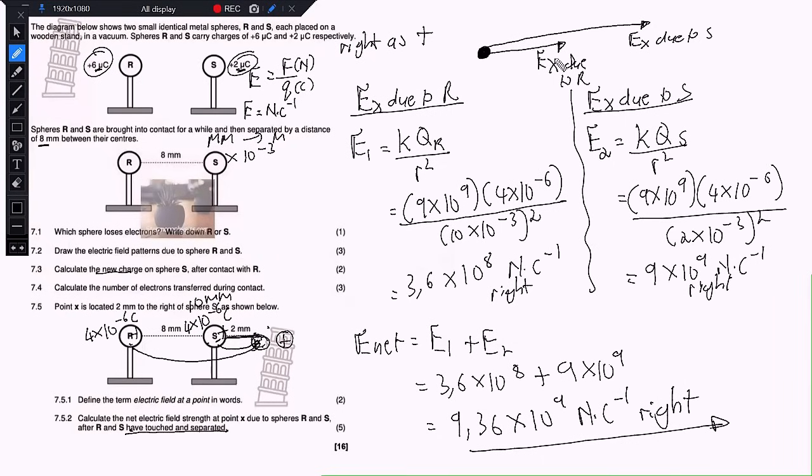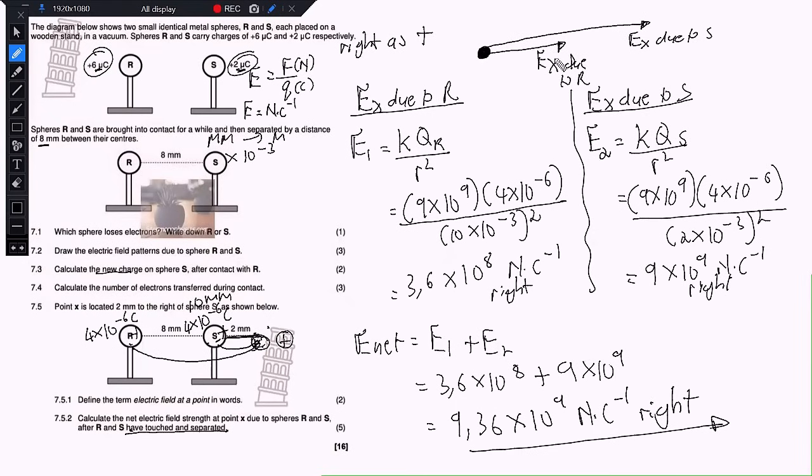Okay, so that's how you were supposed to calculate that one. 5 marks, and the whole of the question was for 16 marks. So make sure that you check out your Coulomb's law. I'm aware that in your grade 12, your teachers might not be teaching you this because they'll just say you need to recall it from your grade 11.